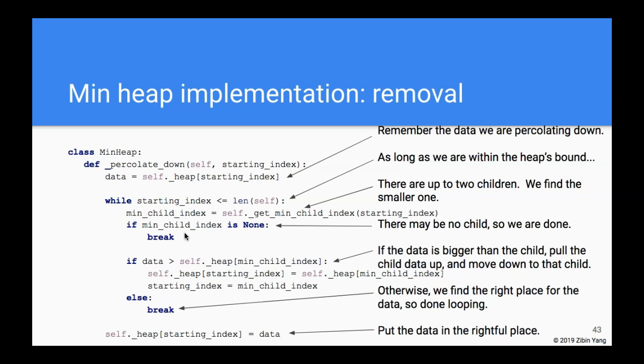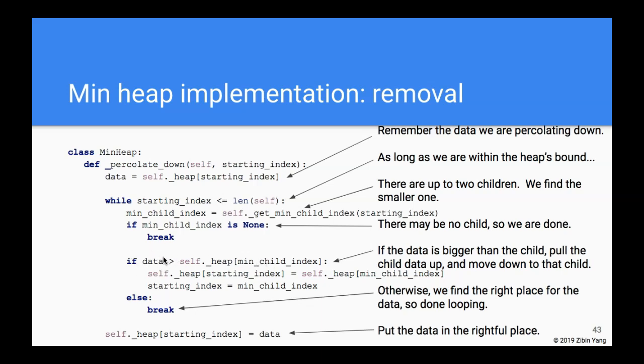And the element will be at the right place. So we break. The next thing then we do is, once we find the smaller child, we have to compare it with the data itself, right? So the data, remember, is kind of at the parent place, right?